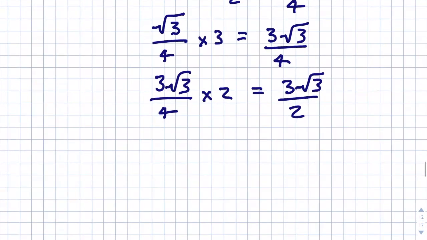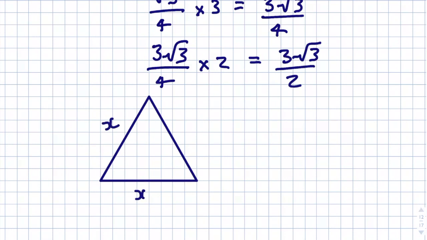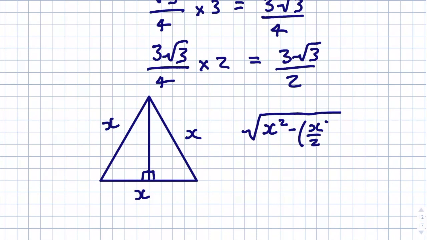Now, what's happening is if we draw another equilateral triangle, and let's say we're trying to find the side lengths, so let's call these side lengths x. Okay, well, we can work out the height the same way we worked out the height previously using Pythagoras. So we could do the square root this time of x squared minus x over 2 squared.